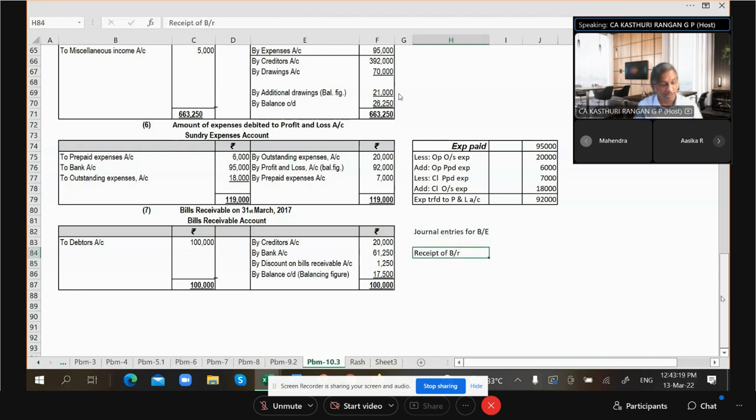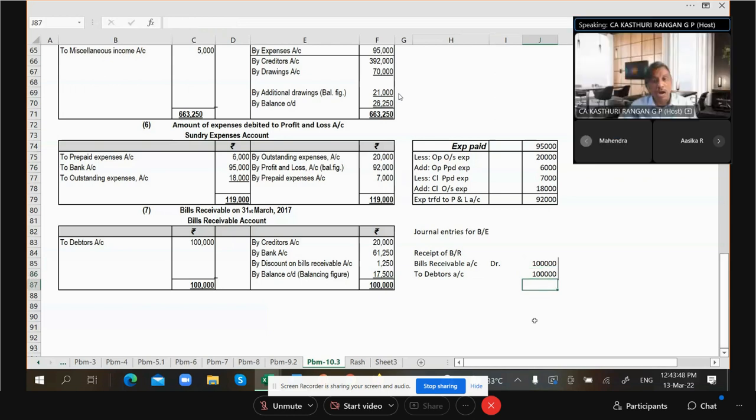What is the entry for receipt of bill receivable? Bills receivable account debit to, correct? Yes. Are you able to understand this? Debtors account. That is how much? 1 lakh. Okay.